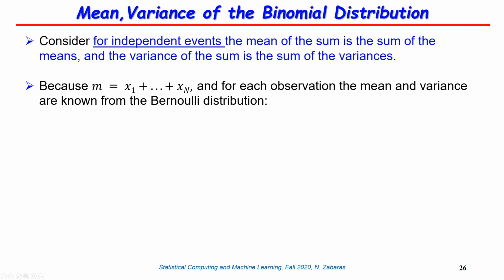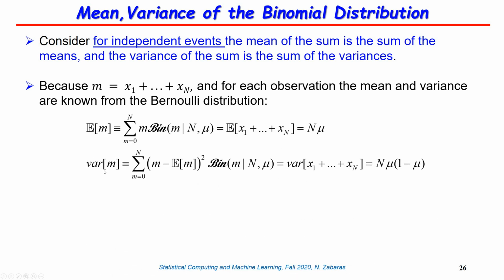I am writing it in a compact way, but remember, it is the variance where this independence is needed. All right, so we do know the mean and the variance of each of these variables. So the expectation of m is n times the mean of the Bernoulli, and the variance is n times the variance of the Bernoulli. You don't really have to do this complex summation, which may take you a page or two to derive. You can use this trick, and there is the answer.